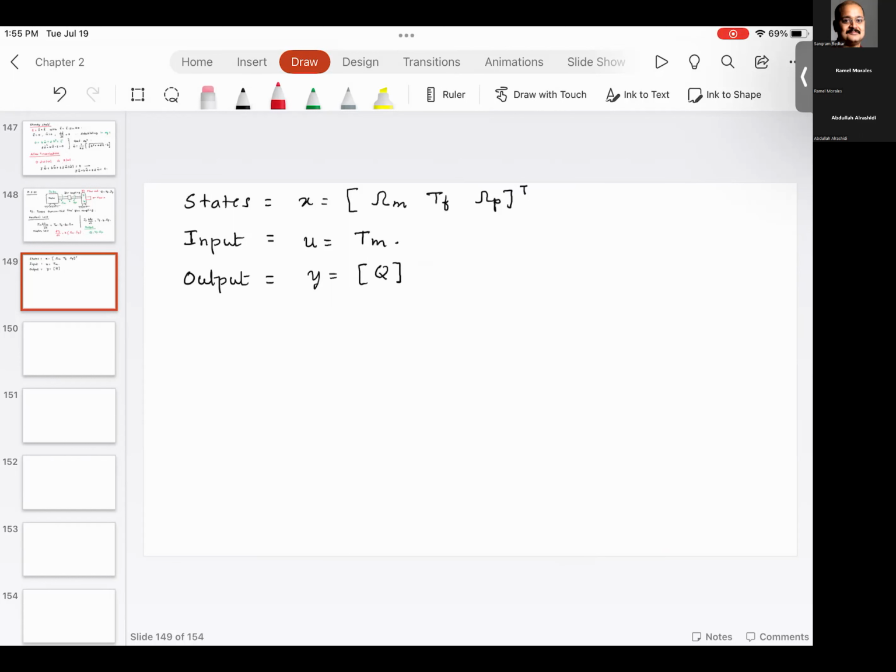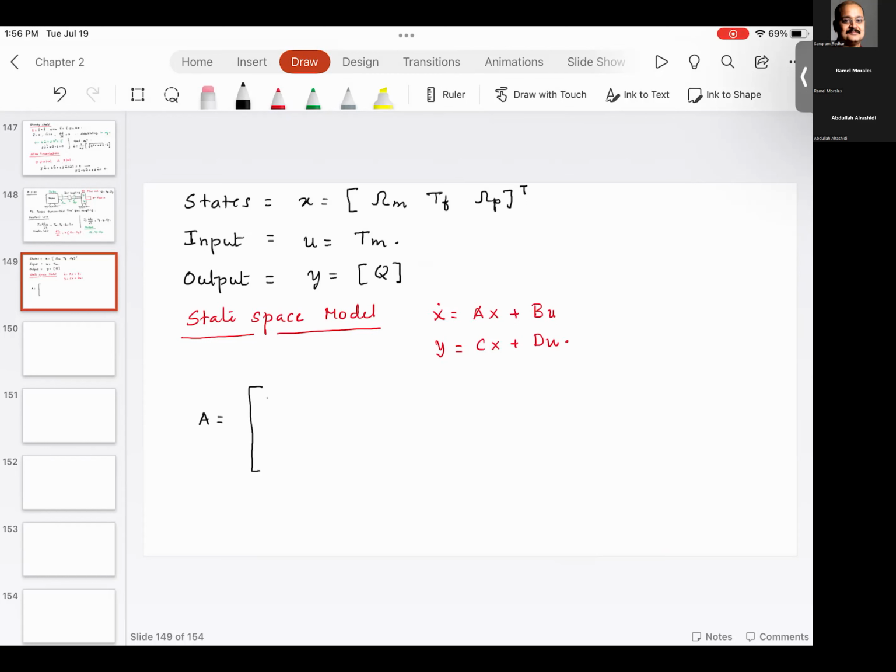So the state space model is x dot is equal to Ax plus Bu, y is equal to Cx plus Du, and we have these three equations, and I can write these as vectors.